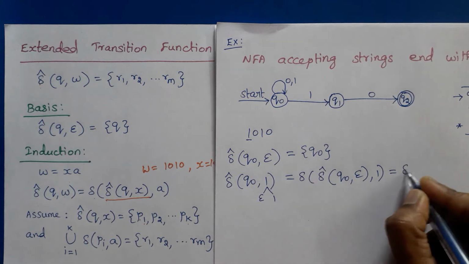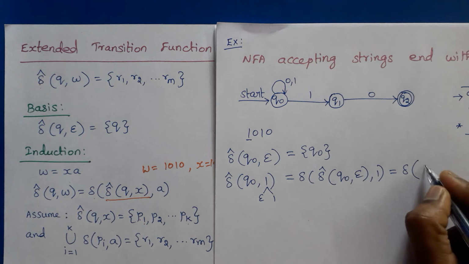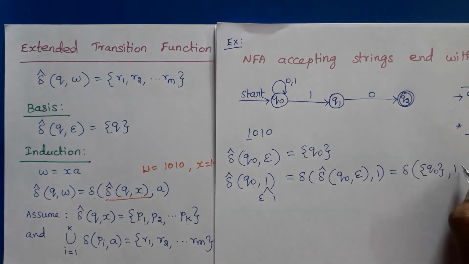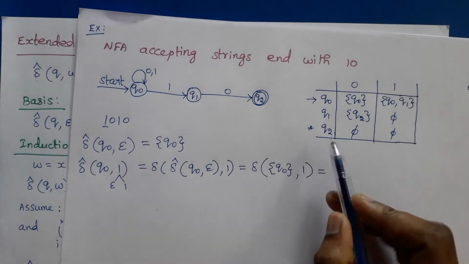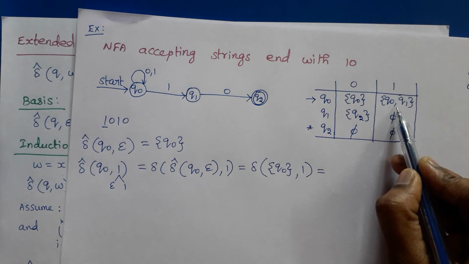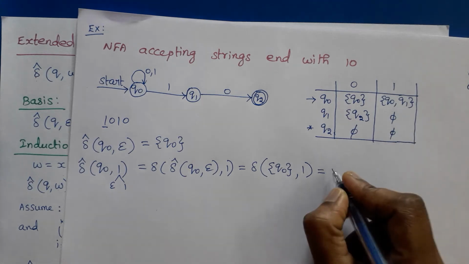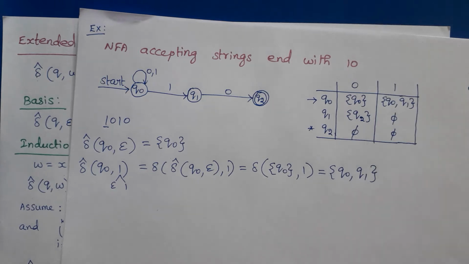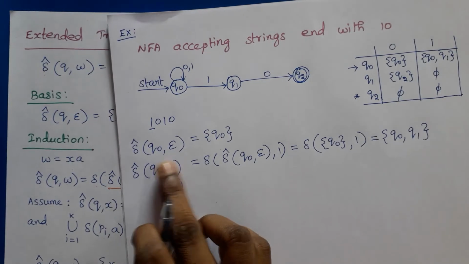In the next step we substitute this Q0 here. So delta of Q0 comma 1 is equal to Q0 comma Q1. So Q0 comma Q1 is the result for Q0 comma 1.